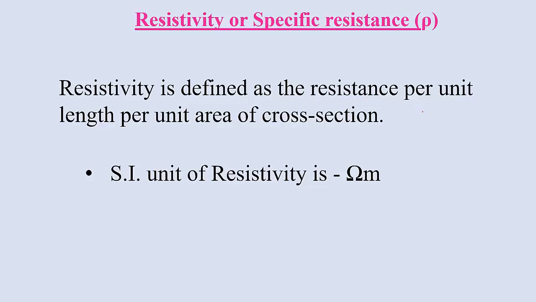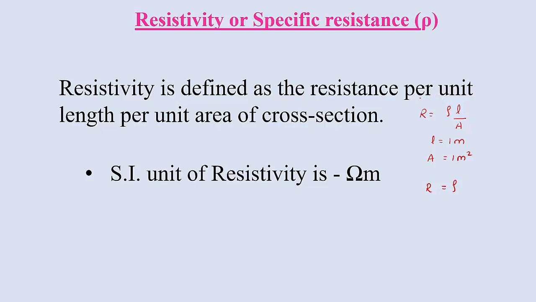We know the equation, R equal to rho L divided by A. If L equals 1 meter and area is 1 meter square, then the equation becomes R equal to rho. So resistivity is the resistance per unit length per unit cross-sectional area.